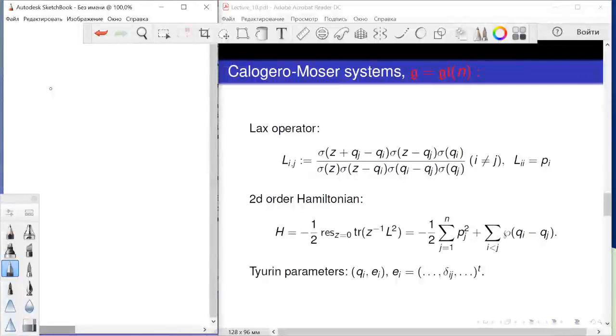The Lax operator or Lax matrix is given by its entries, and let me just define the entry with indices ij by an explicit formula where sigma is the Weierstrass sigma function.